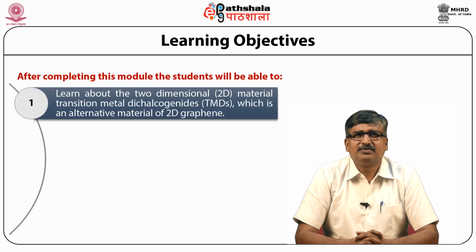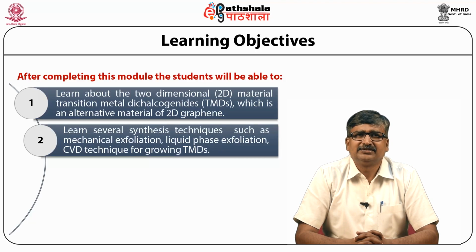You will learn about the 2D material, two-dimensional material, transition metal dichalcogenide, known as TMDs, which is an alternative material of 2D graphene. You will learn several synthesis techniques such as mechanical exfoliation, liquid phase exfoliation, CVD techniques for growing TMDs.